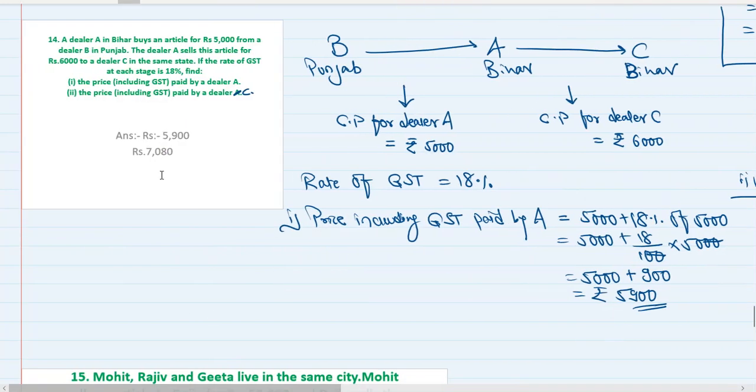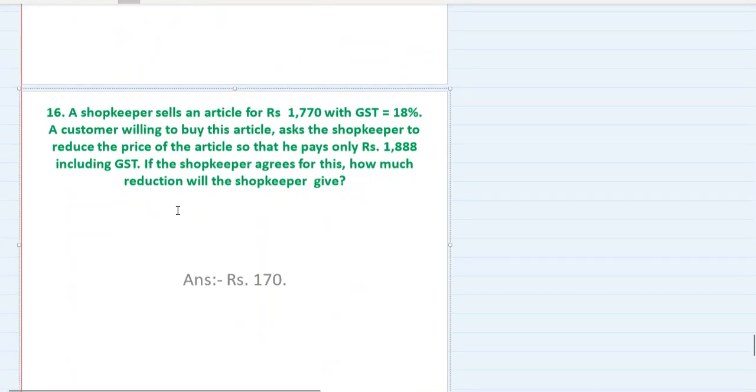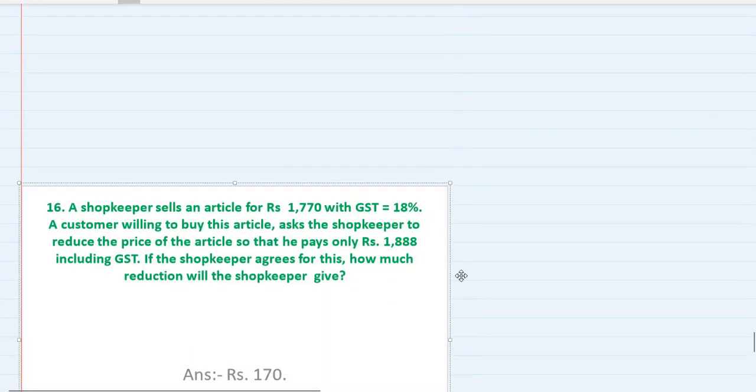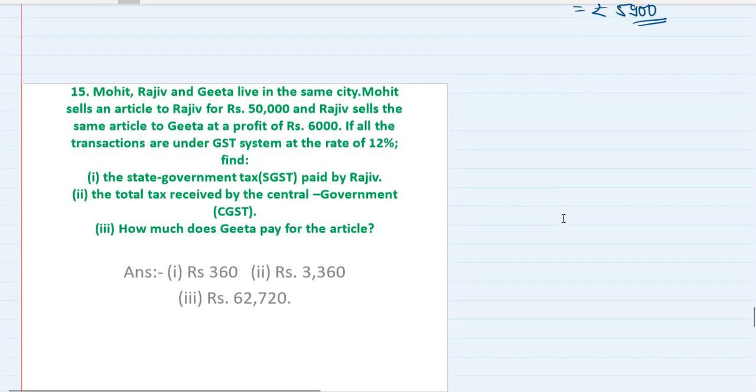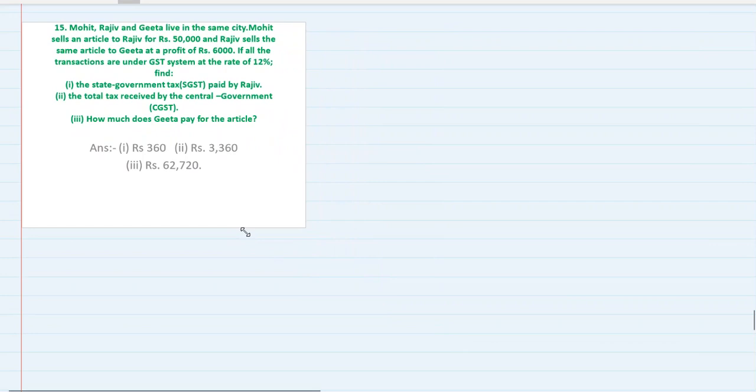Let's go ahead. The next question. Okay, I think we are just left with two questions now. Mohit, Rajiv, and Geeta live in the same city.